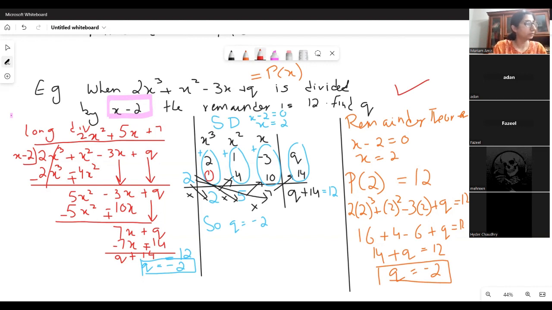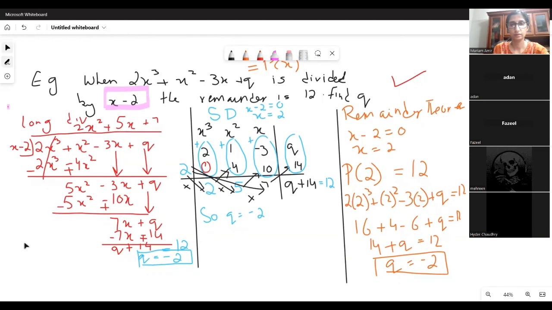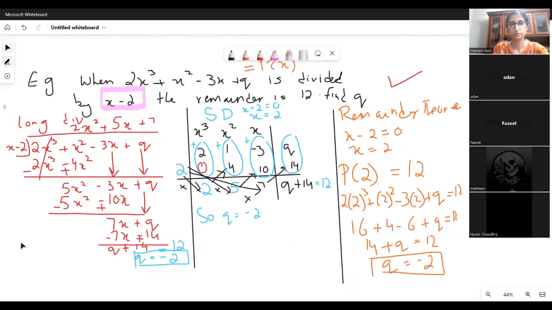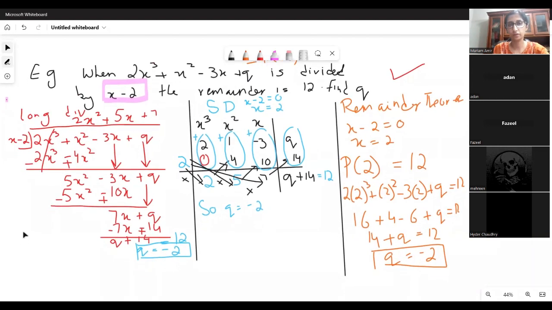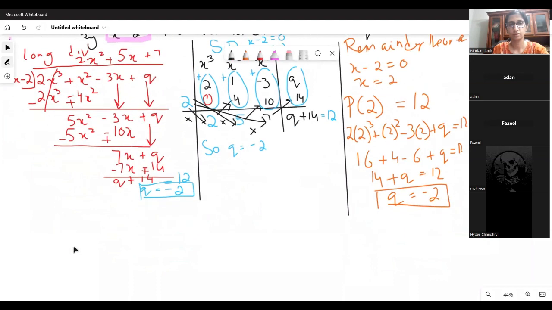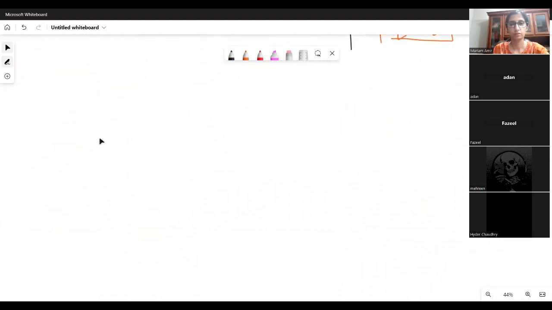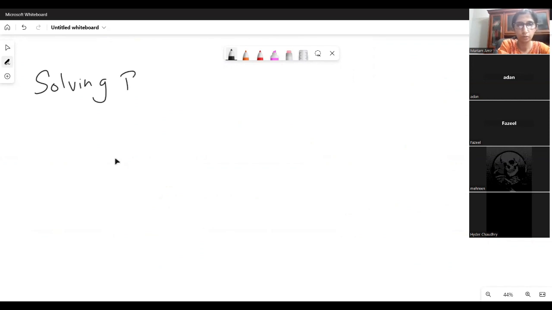OK, let's come to the last part. I hope everybody got to copy this. The last subtopic of this chapter is solving polynomial equations.